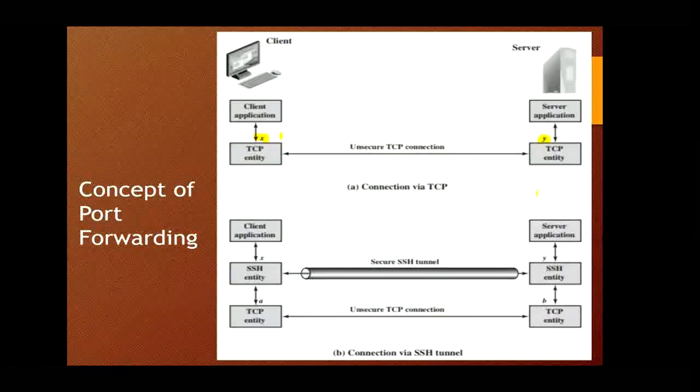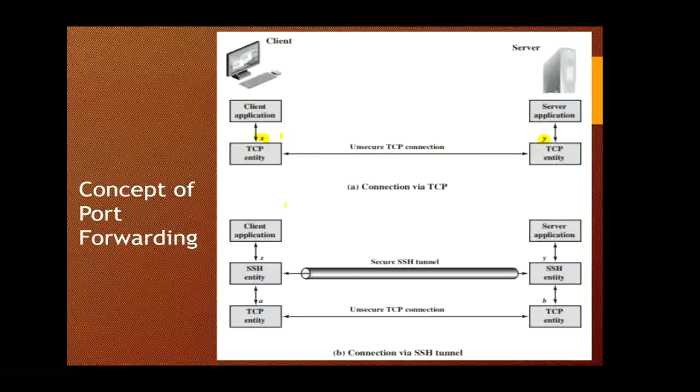At some point the client will invoke the local TCP entity and request a connection to the remote server on port Y. The local TCP entity will negotiate a TCP connection with the remote TCP entity.